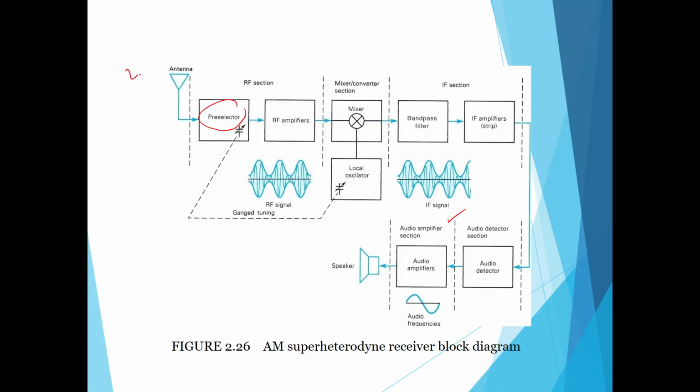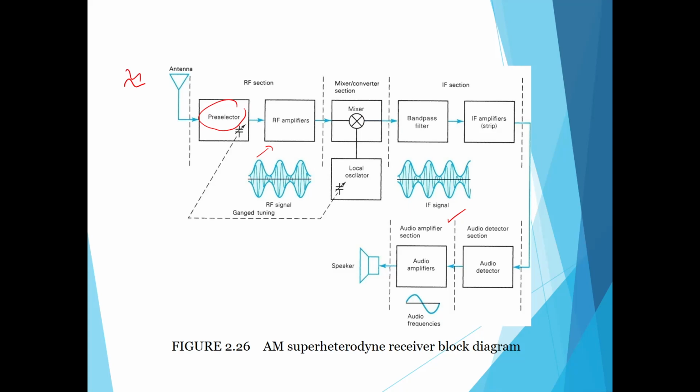The antenna receives a wide bandwidth of frequencies, so when it goes through the preselector, it will only select the desired frequency band and then amplify the signal so that we can do the next process.